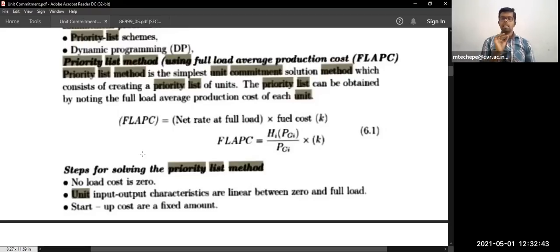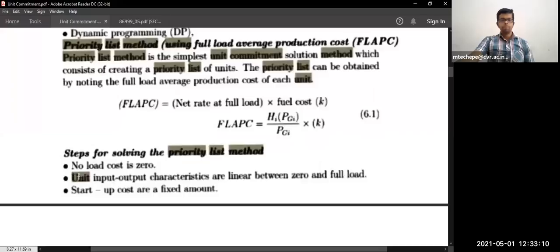With these assumptions the complexity is somewhat reduced, so that we can get an approximate idea of what the generation might be and how we are going to commit the units in that particular hour. So there are the following assumptions.